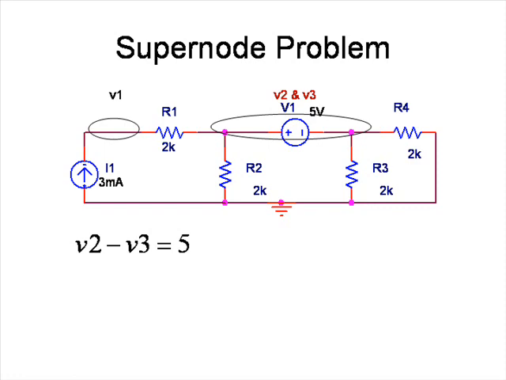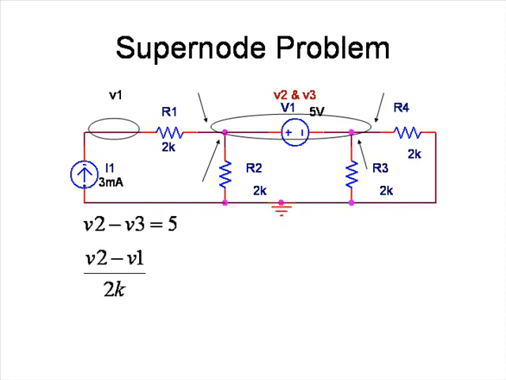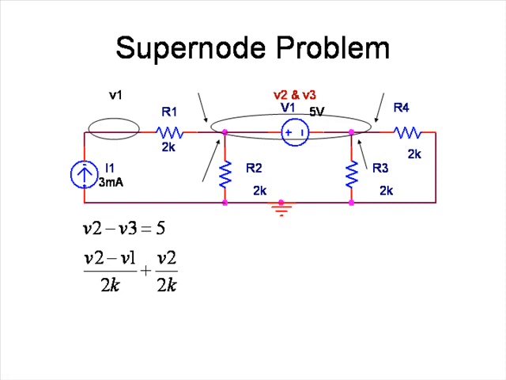So let's do this node first, so that we can get the hard part done. We know that there are 4 tunnels that are leading to this particular supernode, and we have to put all of them in there. So the first thing we're going to do is do the R1 first, V2 minus V1 over 2K. Next R2, V2 over 2K.